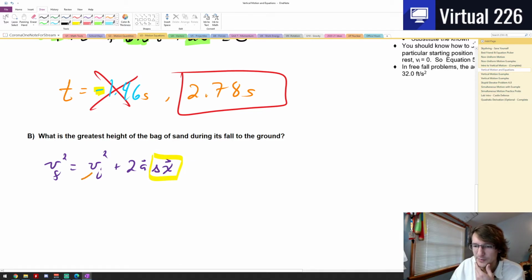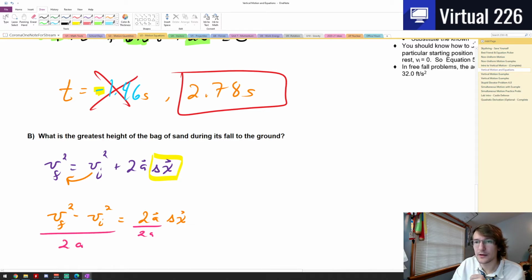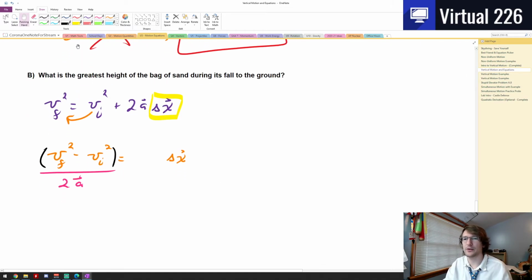To do this, I need to subtract the vi squared. So I'm going to have vf squared minus vi squared equals 2a delta x. And now I need to get rid of the 2a. Since those are all multiplied, I can divide by that. I just want to be careful here because this vf squared minus vi squared needs to happen before I do the division. So that's going to be my equation.